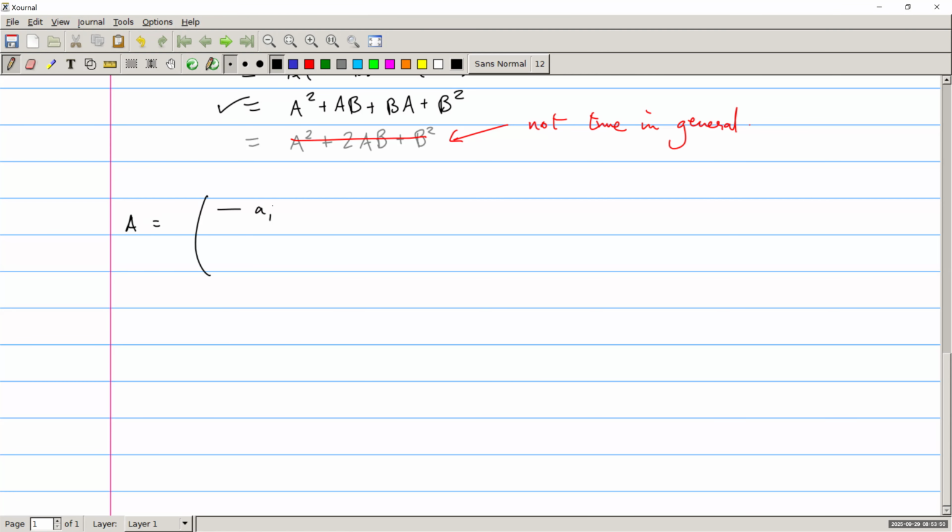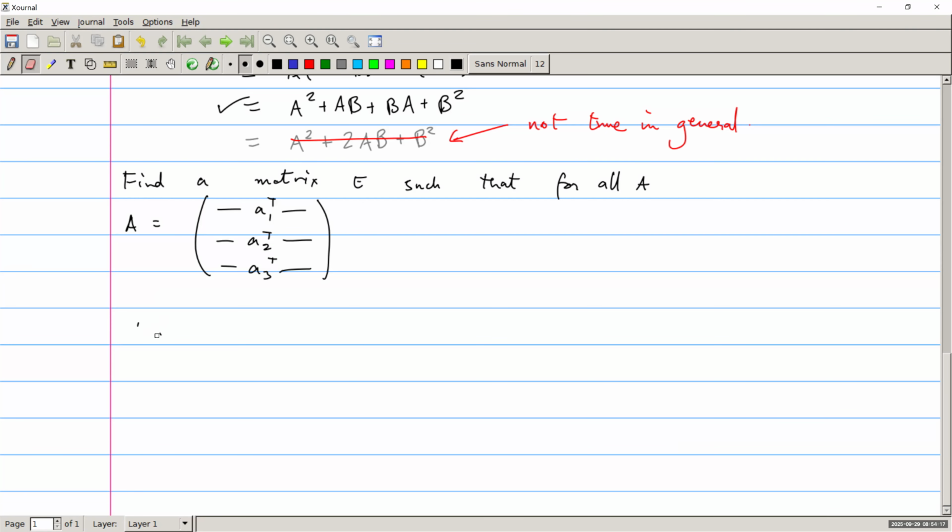It's also given A is 3 by 3. But for now we are doing row operations. So we want to find a matrix E such that for all A.